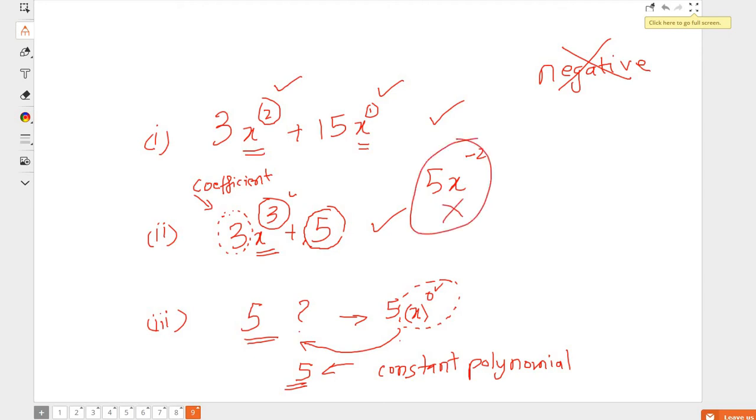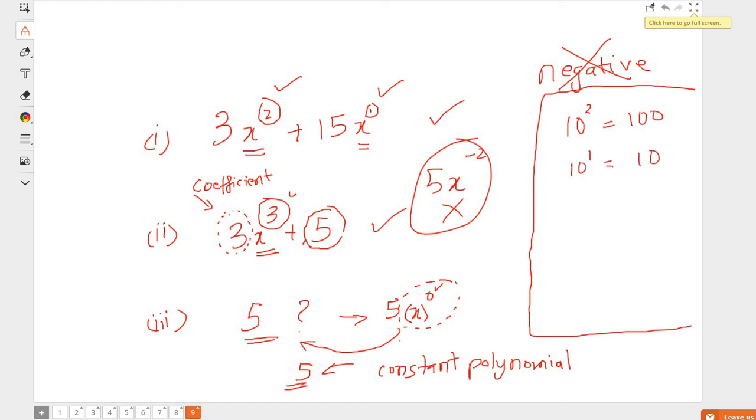Now before we leave this session, just to make sure that we are fine with the power concept, I would like to remind the people I teach: 10 power 2 is 100, 10 power 1 is 10, and 10 power 0 is 1.